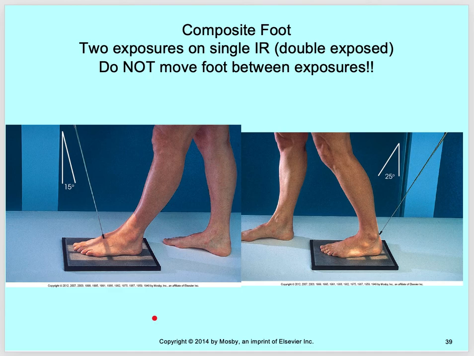So basically you're double exposing. You're not moving the foot between the exposure. You're keeping the foot in the same position. All you're doing is you're 10 to 15 here for an image. You hold this foot so it doesn't move, doesn't slide.